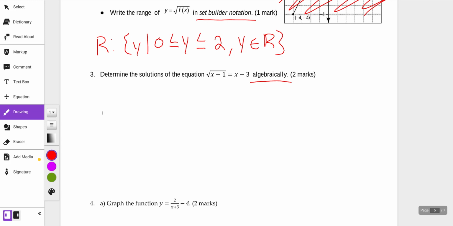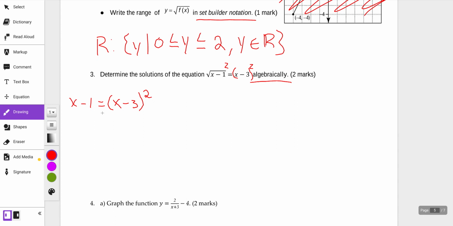Okay, to do this, we got to get rid of that square root sign. Get rid of that square root sign, you square both sides. When squaring both sides, remember that is x minus 3 in brackets. So I now have x minus 1 equals x minus 3 in brackets squared. It's not x squared minus 3 squared. Right?